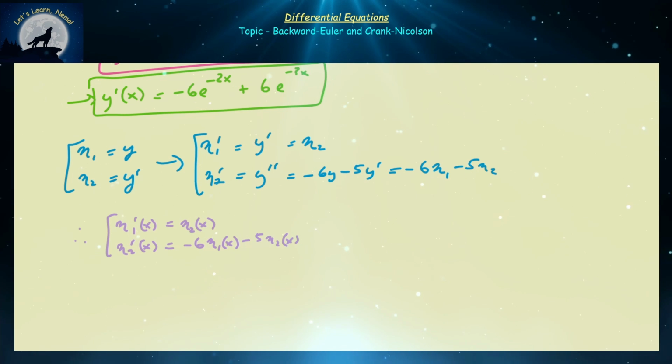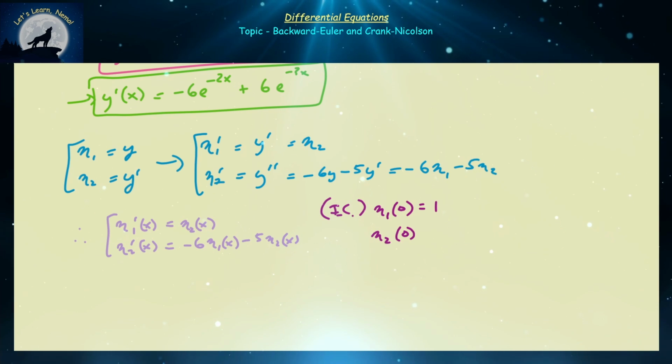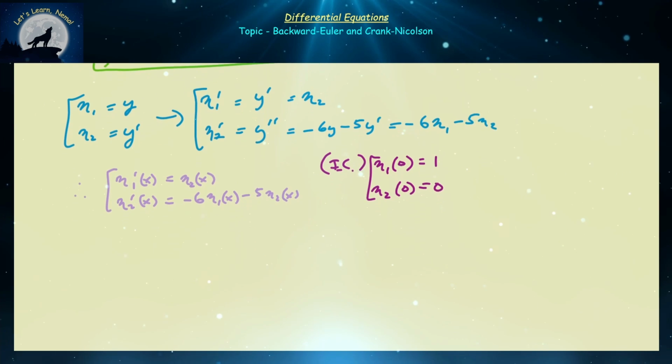This is going to be the basis for our numerical approximations, and keep in mind our initial conditions are going to be eta1 of 0 is equal to 1, and eta2 of 0 is equal to 0. Remember, eta1 is y in disguise, and eta2 is y prime in disguise.